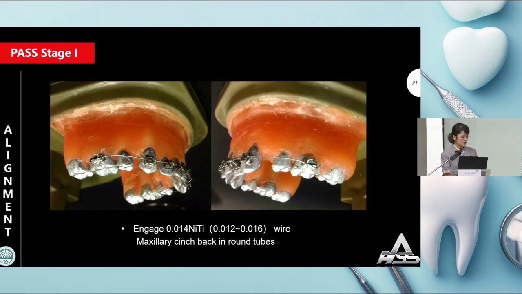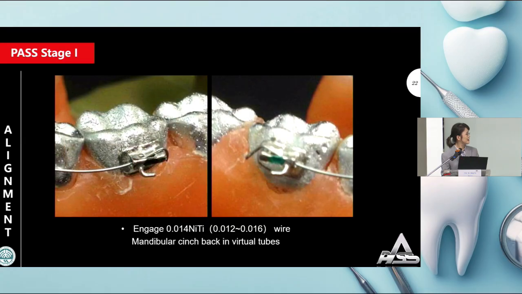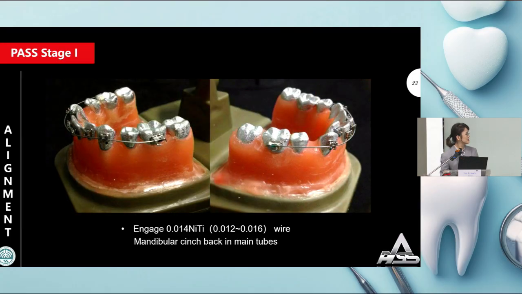Here we can see the cinch back in the lower arch, and the lower cinch back in virtual tubes. We can see the cinch back in main tubes in the lower.